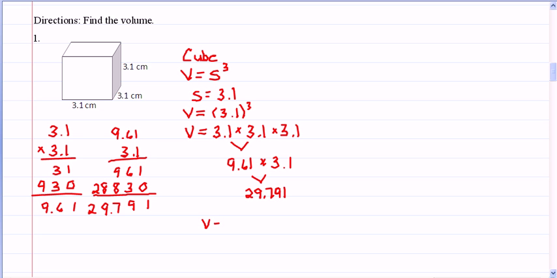So that my volume is equal to 29.791, and the units are in centimeters, and volume is always in cubic units. So the answer is 29.791 centimeters cubed.